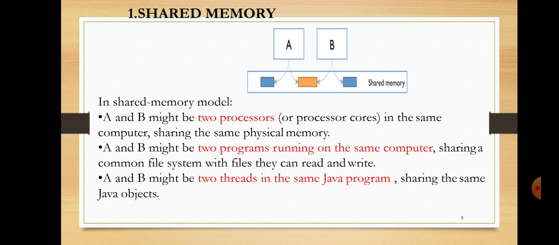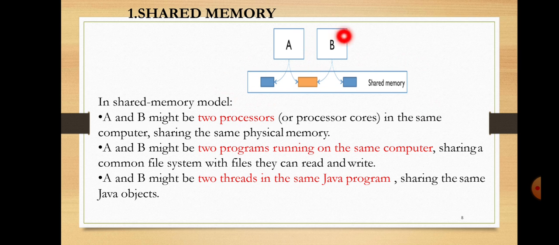So we may just go through the shared memory. This is a shared memory diagram. Here consider A and B are two processes, and this is the shared memory location. A and B might be two processes in the same computer sharing the same physical memory.